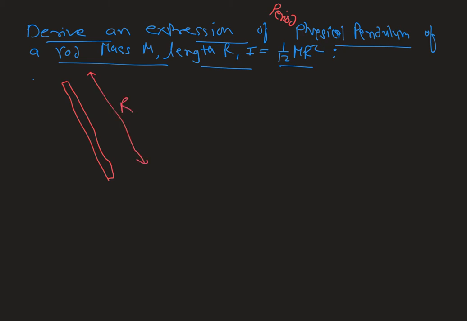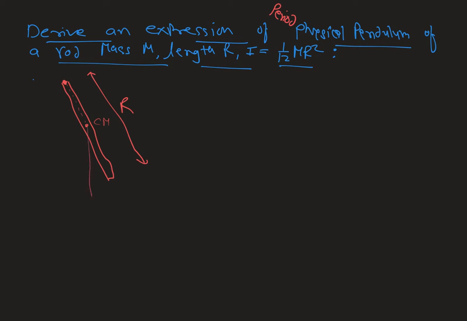Now suppose you have the rotational axis right there. If you are rotating from that point, the distance from that rotational axis to the center of mass, which is right there, must be r/2.